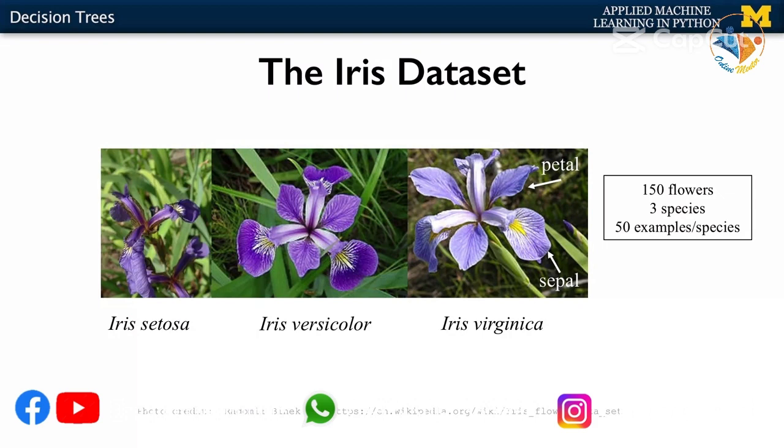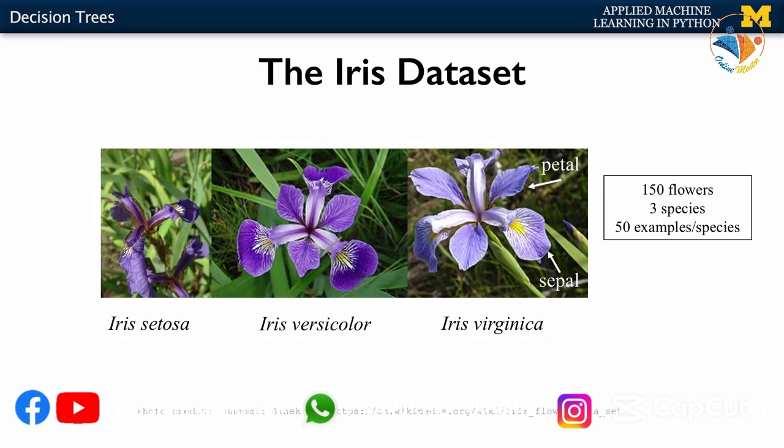The 3 species are called setosa, versicolor, and virginica. The dataset has measurements for 150 flowers with 50 examples of each species. The classification task is to predict which of the 3 species an instance is, given these measurements.